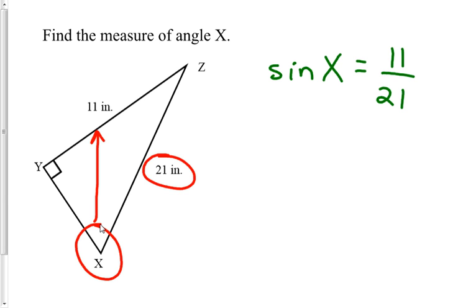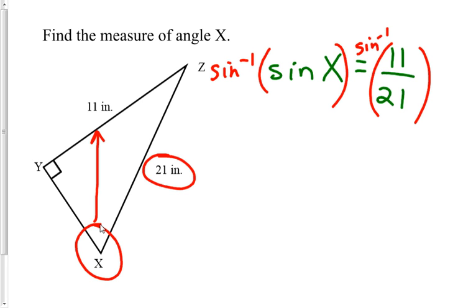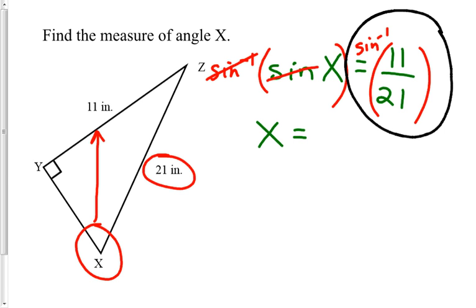Again, we need to solve for that angle X. We need to get it by itself, so we need to undo the sine, and we do that by using the inverse sine. And if we do it to one side, we have to do it to the other. The inverse sine undoes the sine, leaving us with angle X all by itself, and we can plug this right into the calculator.